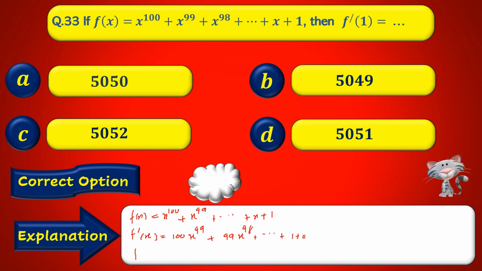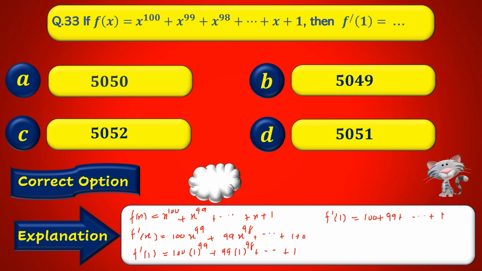So f dash 1 will be equal to 100 into 1 raised to power 99. Just replace x with 1. And we are left with f dash 1 is equal to 100 plus 99 plus and so on up to 1.